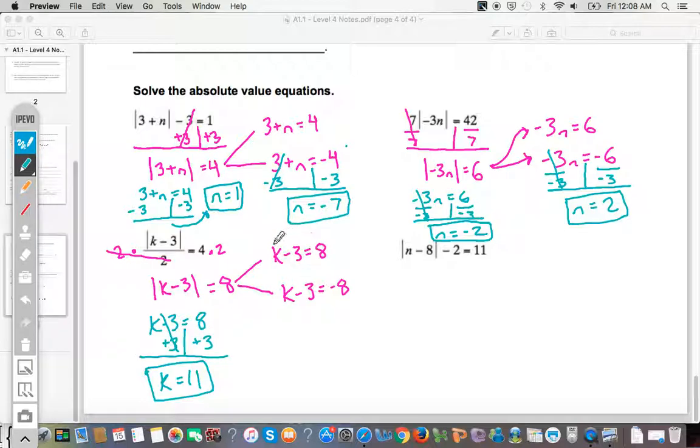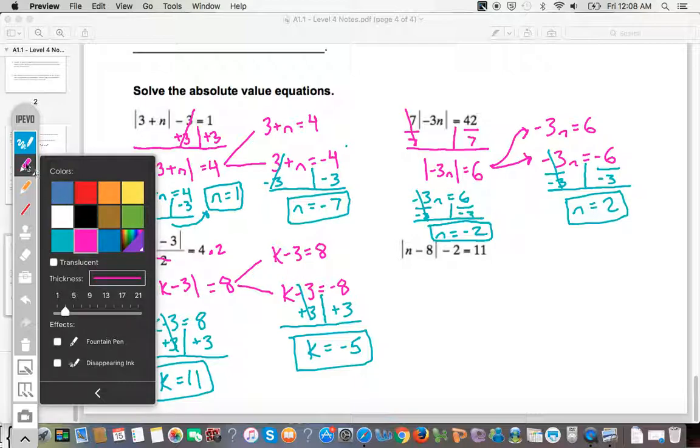Okay, so that was this top one. This bottom one I'll just do right over here. So I add 3 on this side. That cancels. Add 3 on this side. So I get k equals negative 8 plus 3, which is negative 5. Awesome. One more. Then we get to do some practice.